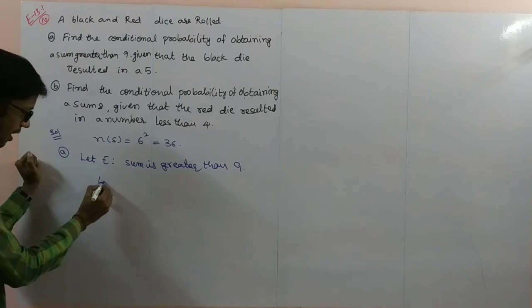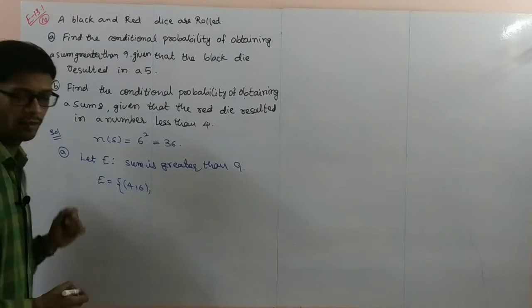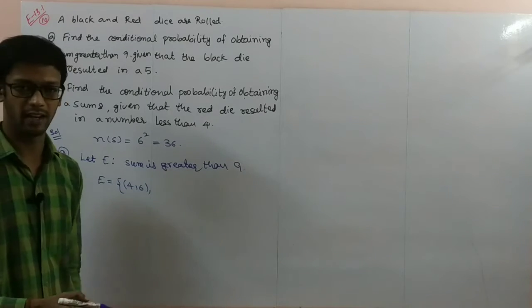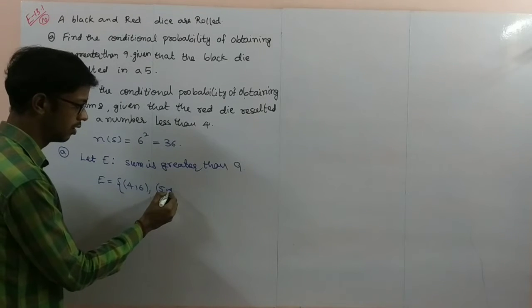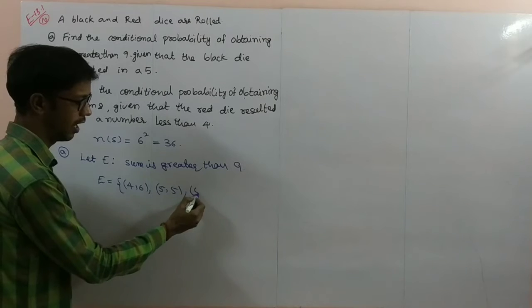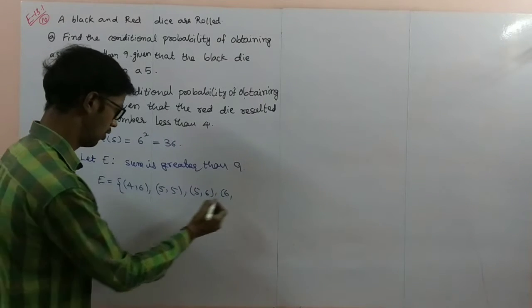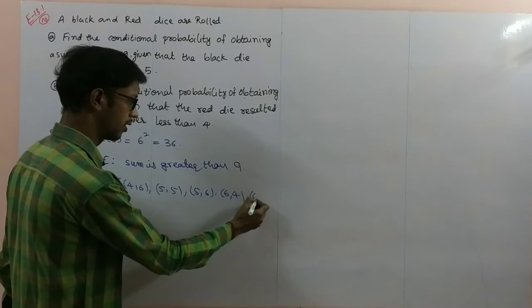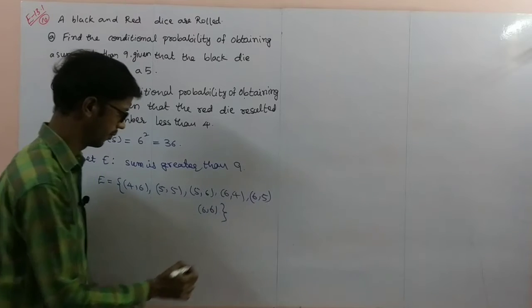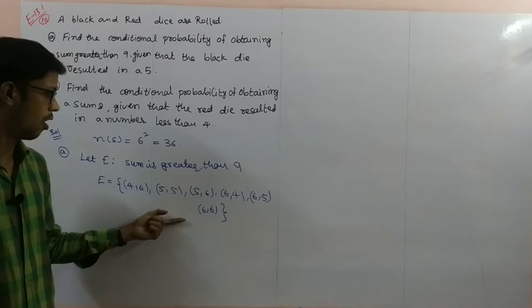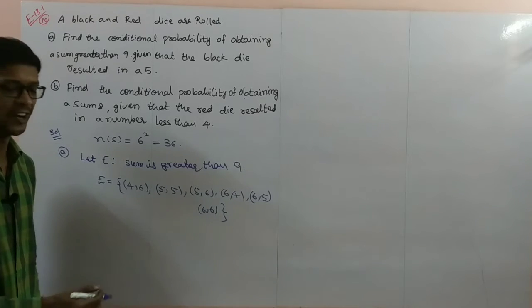So I'll write the elements in E: 4, 6; next 5, 5; 6, 6; 4, 6, 5 and 6, 6. So these are the favorable outcomes for event E.